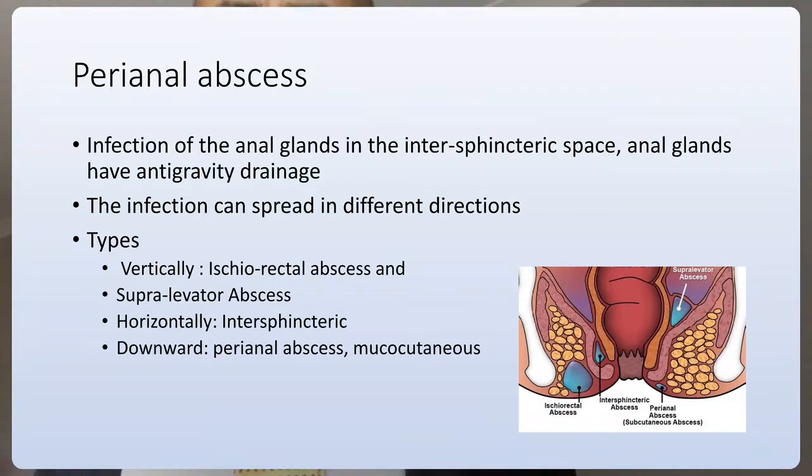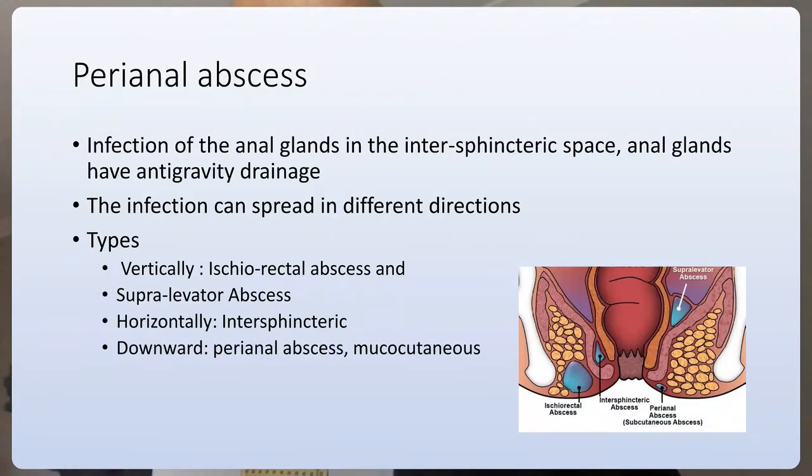Now, usually the gland infection or the abscess starts in the intersphincteric space, and then it could spread and lead to a variety of abscesses and their types by their anatomic location.